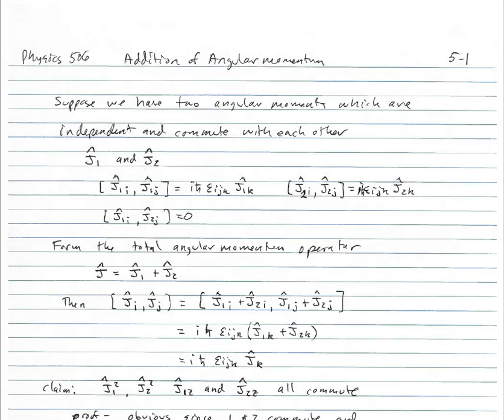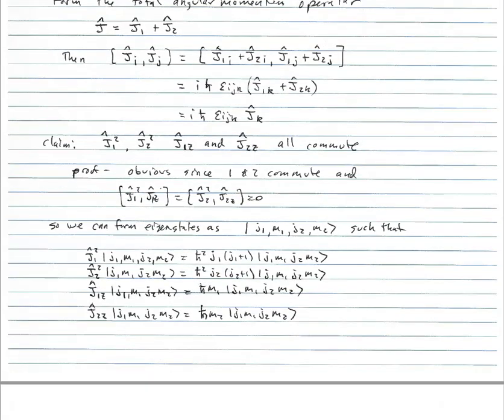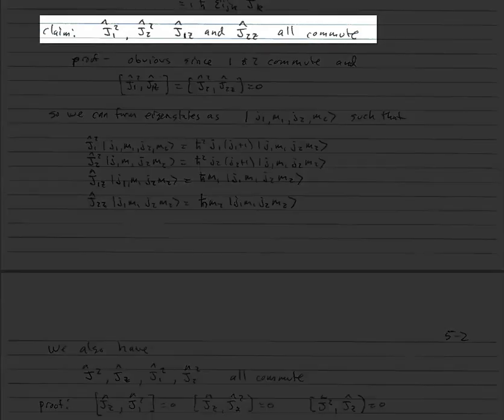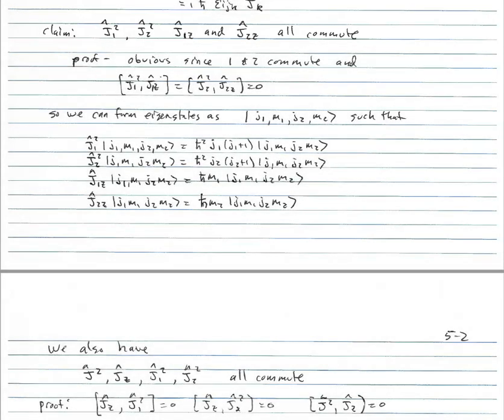Now, using that fact, we are now going to claim that J1 squared, J2 squared, J1z, and J2z all commute. So we're going to go through this carefully to verify that they all commute. Now, the claim is that this is obvious. The one terms all commute with the two terms. So J1 squared commutes with J2 squared and J2z, and J2 squared commutes with J1 squared and J1z.